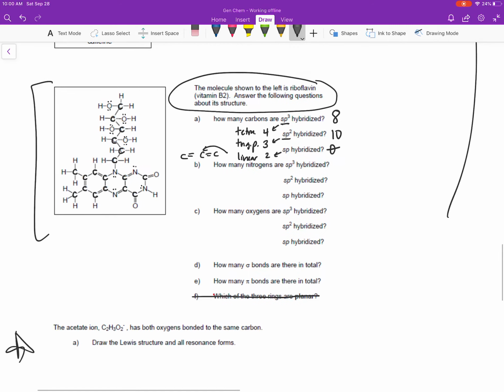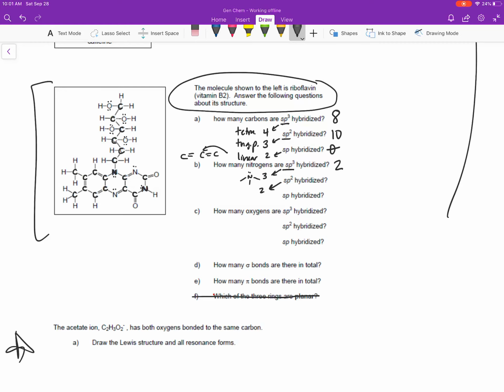There aren't any. How many nitrogens are sp3 hybridized? So this would be nitrogens that have something like this going on. If I look for that, I see the nitrogen here, 1 and 2. Both of those nitrogens have 3 bonds and a lone pair.